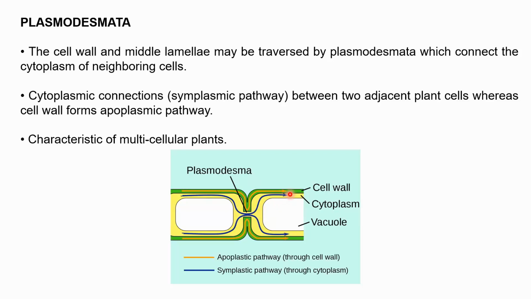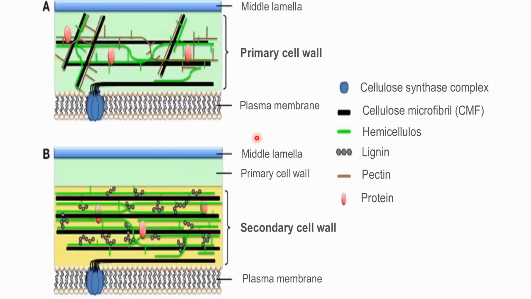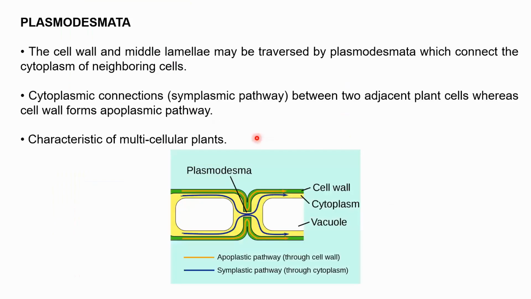So I'll repeat this again. Basically, we see that two cells are connected through a middle lamella. Now, the cytoplasmic connections present between the two cells are known as the plasmodesmata. Plasmodesmata basically help in the transport of material. They connect the two neighboring cells and allow the movement of materials from one cell to another cell.